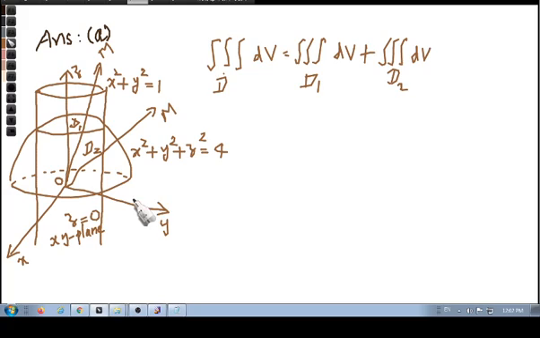Now for D1, rho varies from where to where? We have discussed: 0 less than or equal to rho less than or equal to 2. And now we have to find out the limits for phi. The next variable is phi.